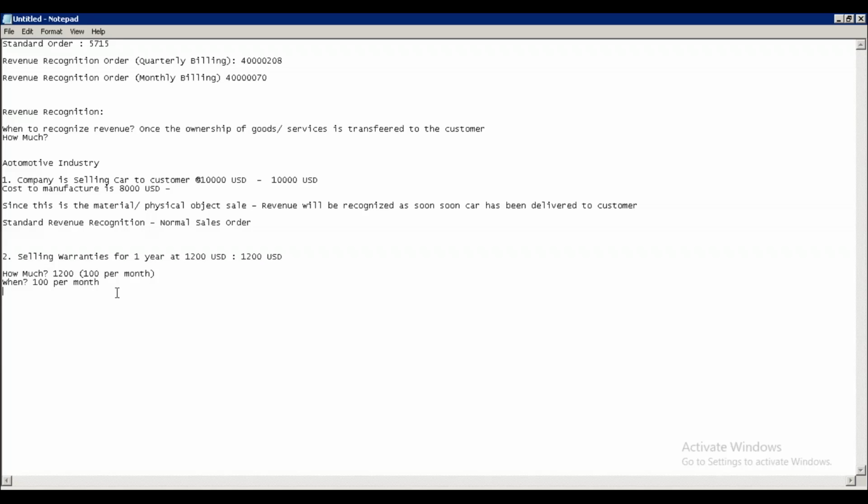So that is something we are going to discuss here. We need to understand how it worked in SAP ECC with the current SD revenue recognition functionality, and then how it has been changed with the new legal requirements of IFRS 15.